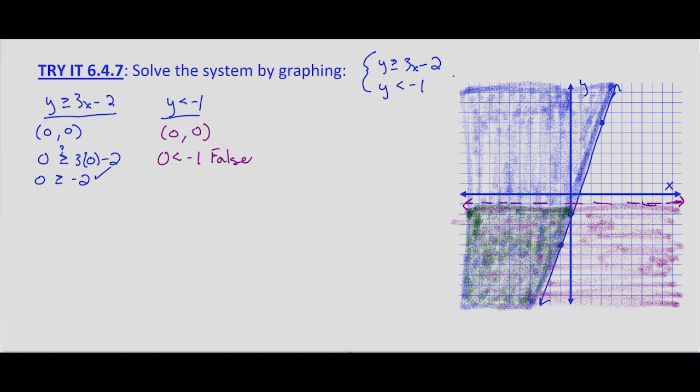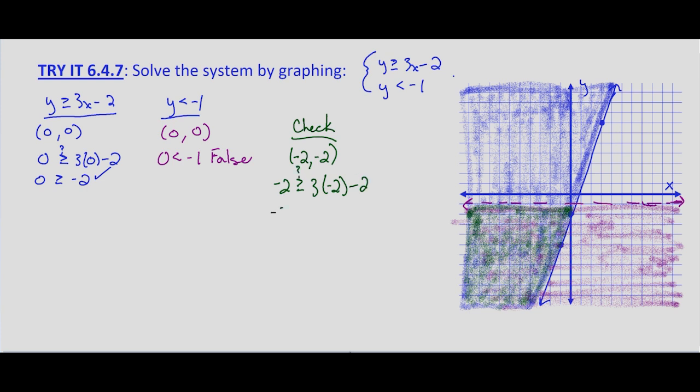So we'll test a point. Let's go with negative 2, negative 2. And that's how we'll check our solution. So in our first inequality, is negative 2 greater than or equal to 3 times negative 2 minus 2?